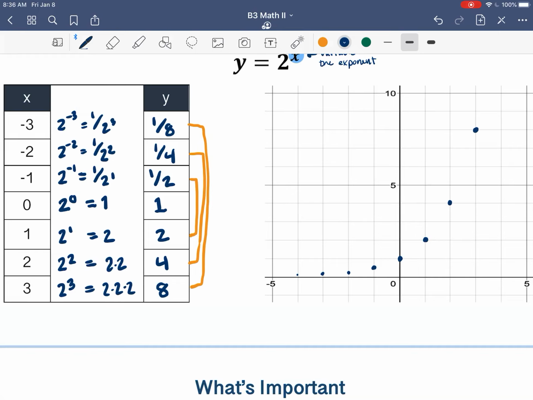But the next one would be 1/16, and then 1/32. So our graph looks something like, let's see if I can make this, nope, I'll start from this end. Yikes.